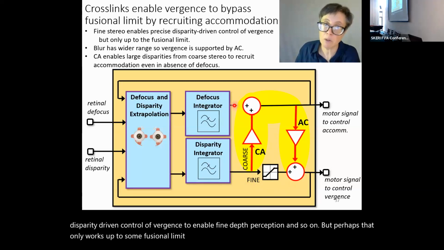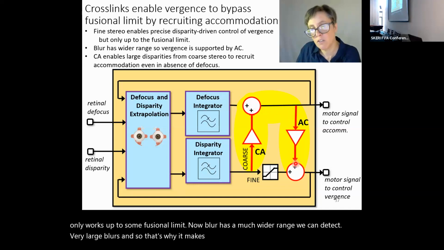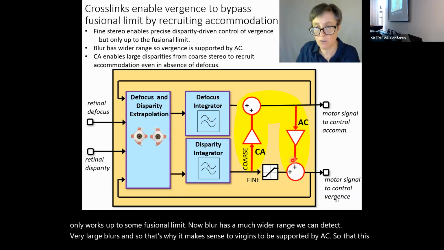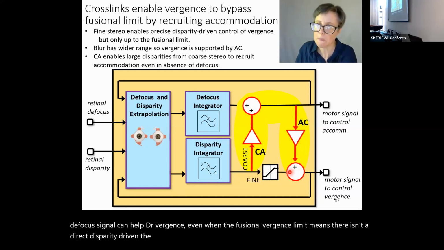Now, blur has a much wider range. We can detect very large blurs, and so that's why it makes sense for Vergence to be supported by AC, so that this defocus signal can help drive Vergence even when the fusional Vergence limit means there isn't a direct disparity driven signal. But then suppose blur isn't available for some reason.